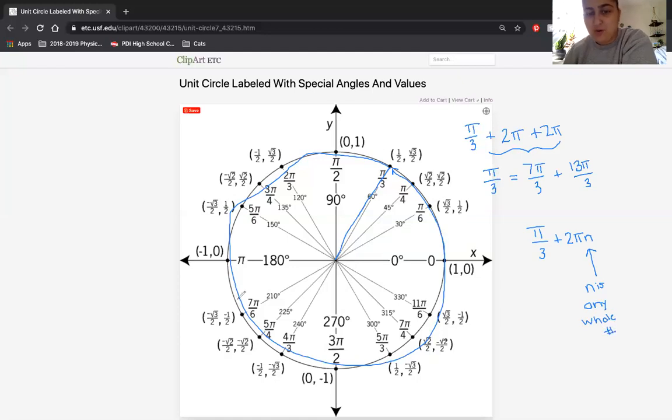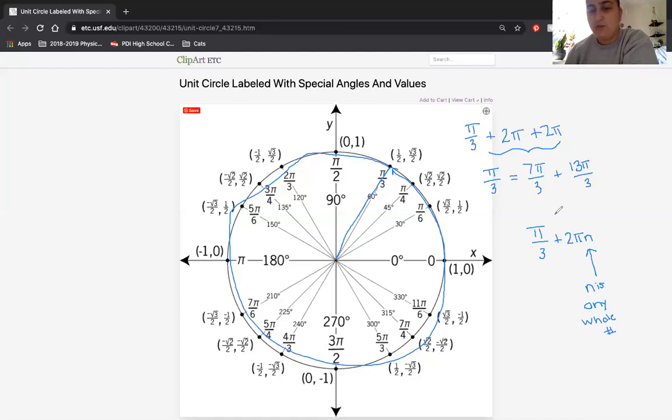Because if I go around the circle one time, it takes me back to pi over 3. If I go around the circle 2 times, it takes me back to pi over 3. 3 times, it will keep taking me back to pi over 3. And if I go the opposite way, it still takes me back. So even if n is a -1, it still takes me back to pi over 3. Even if n is a -2 and I go around backwards twice, it still takes me back to pi over 3.